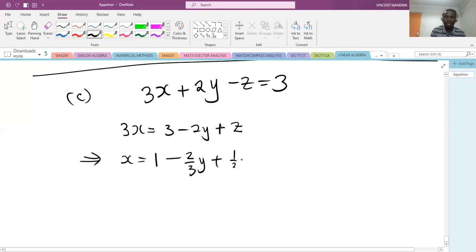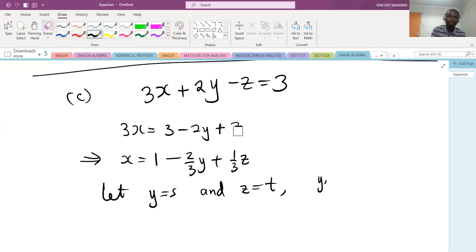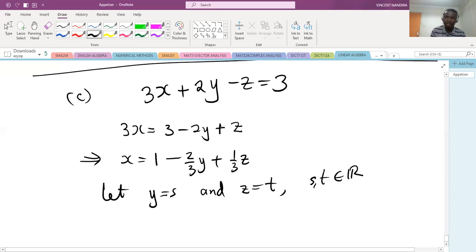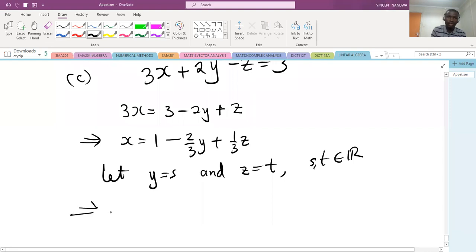So then I let y be s and z be t, where s and t are real numbers. So this means that x will be 1 minus 2 over 3 s plus a third t.